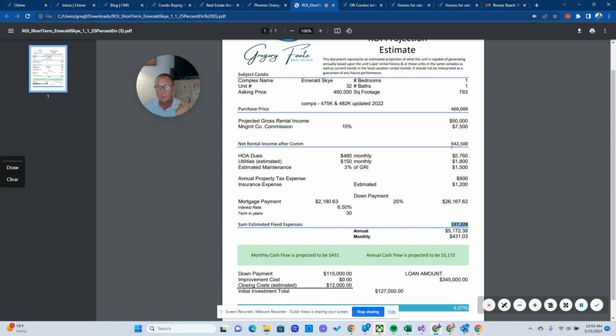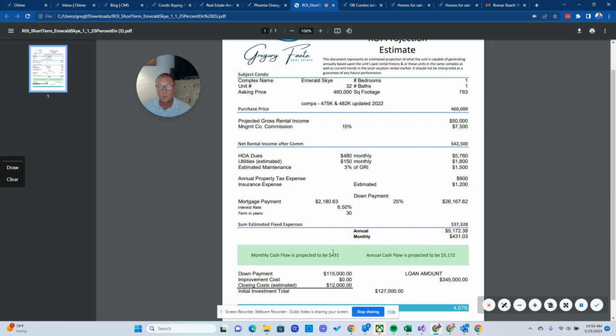Since we're generating 42.5, we have $5,172 to the positive per year, or $431 per month that this unit is expected to generate if we hit that 50,000 mark.